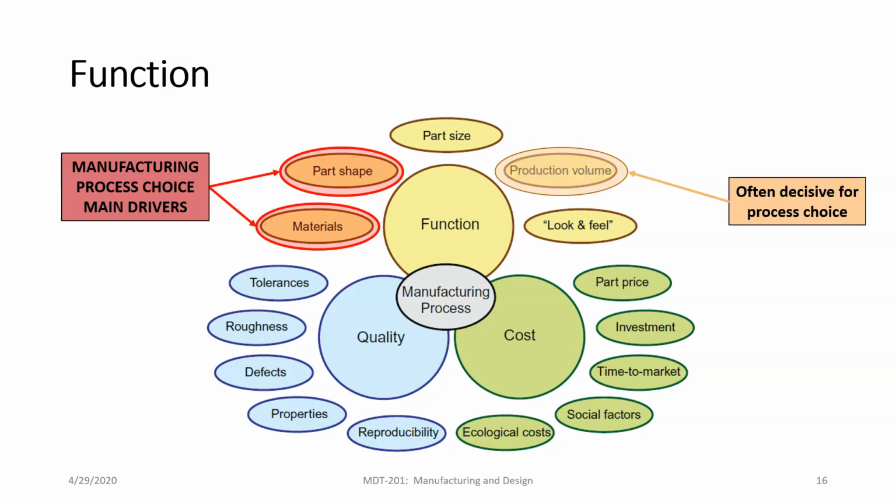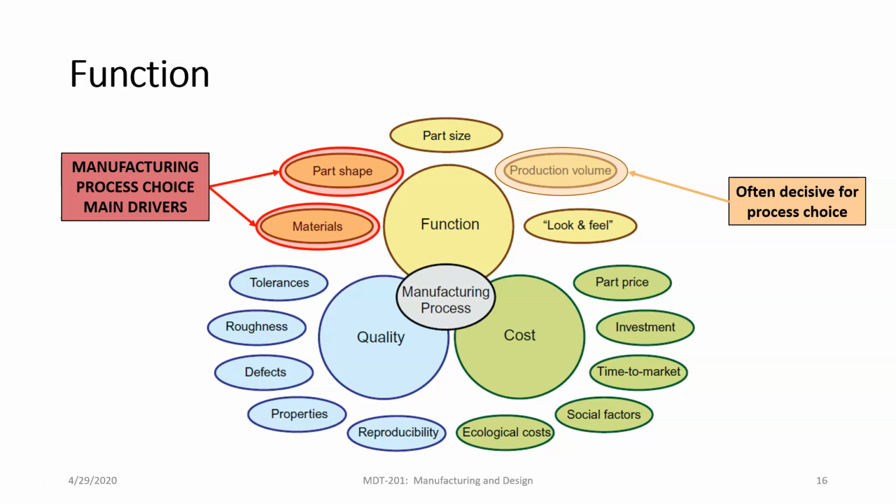Production volume is also a very big driver in manufacturing process choice, whether you're going to do a high volume or low volume. High volume essentially means that you're able to put more of your investment in the tooling because you're going to be mitigating that high cost initially over a long run.